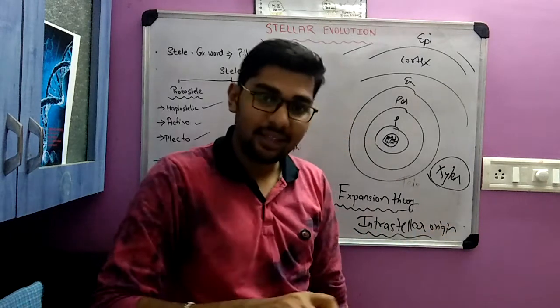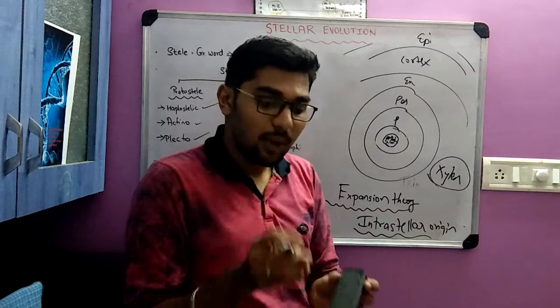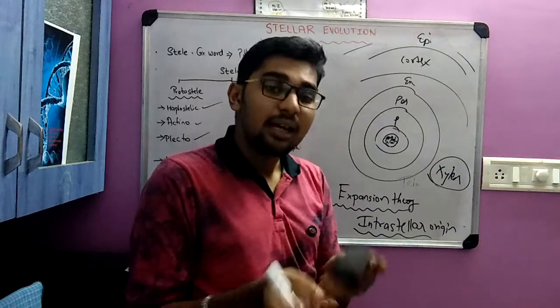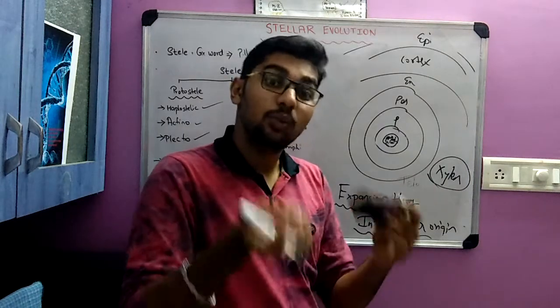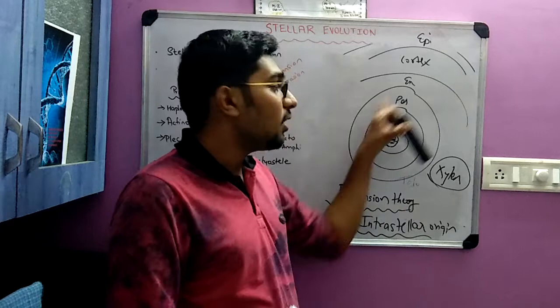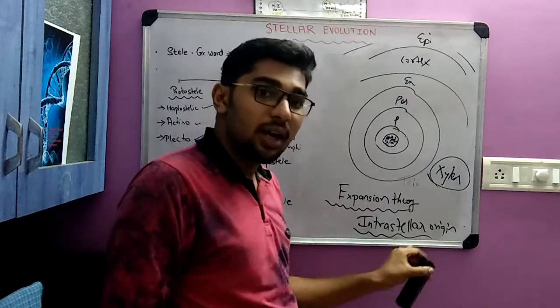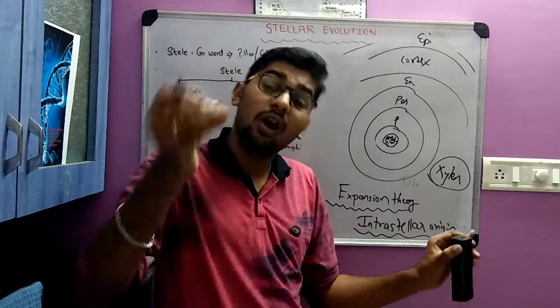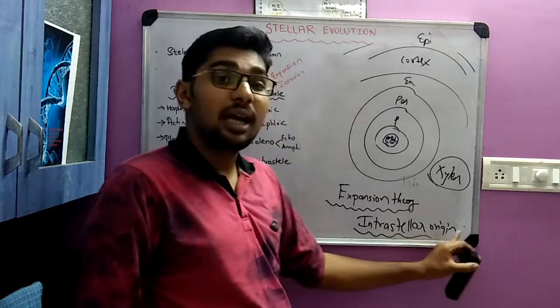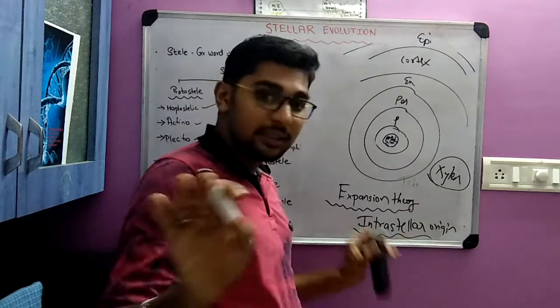Intra means within. So within the stele, one of the members gave rise to pith. Hence, the same expansion theory is also called intrastellar origin. So I hope it is clear.